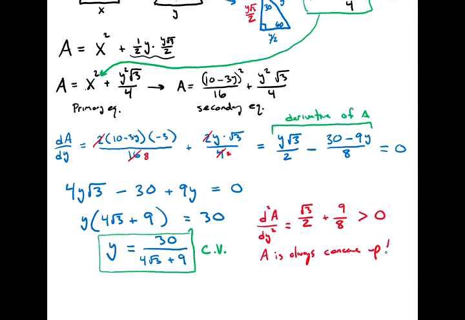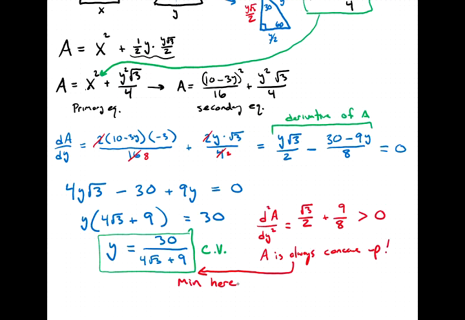And if the first derivative is equal to 0 and the second derivative is positive, the second derivative test, which we covered in a previous video, tells us that's a minimum. Okay, so that tells us we have a minimum here. Minimum when y is equal to 30 over 4 root 3 plus 9. All right, so that works. There's our minimum. The area is minimized when y is equal to 30 over 4 root 3 plus 9.